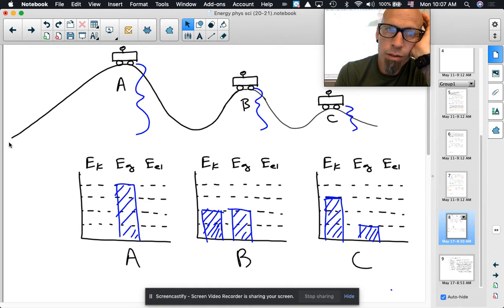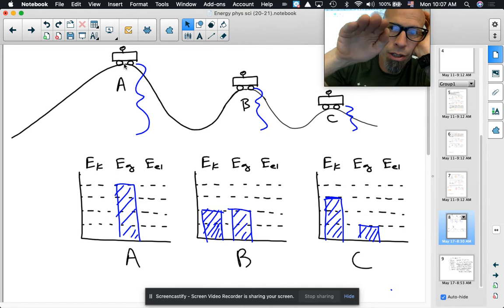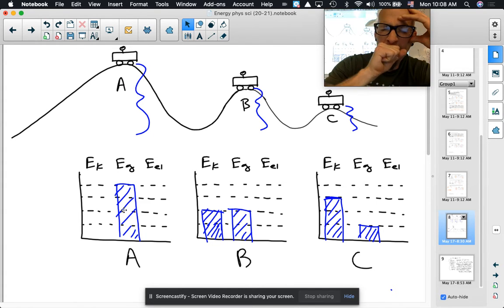The car of the roller coaster just barely made it up there and is just kind of teetering on the top of the hill, and is going to eventually just make it over the edge. So I would say that all of the energy of the roller coaster car is gravitational due to the height.